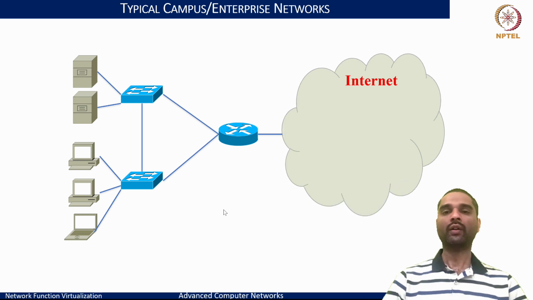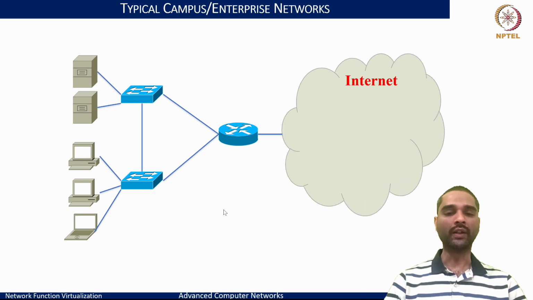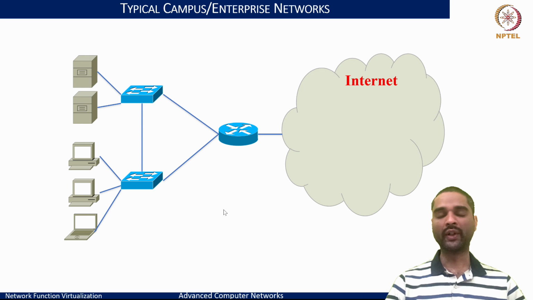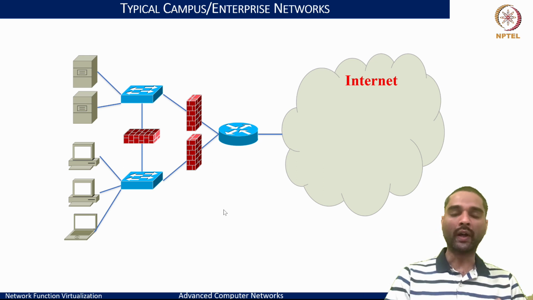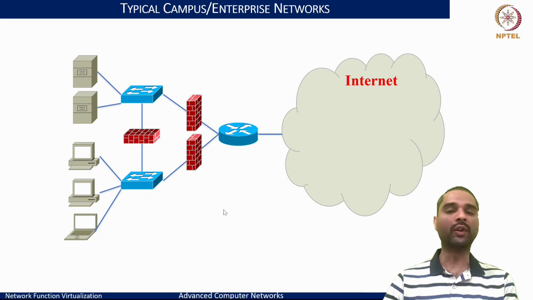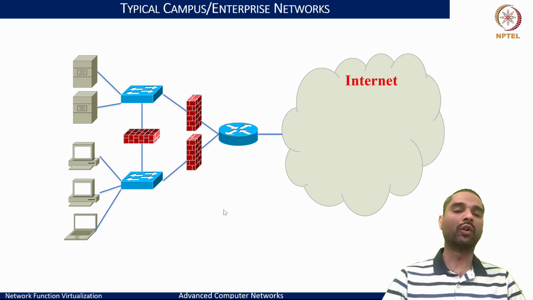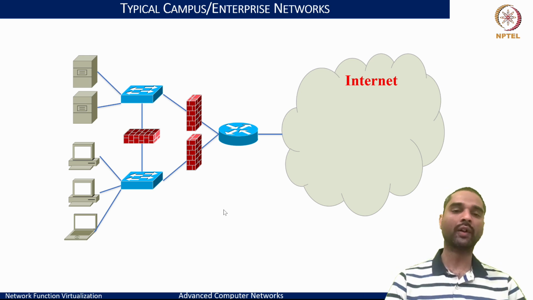But what we would see in reality is that the campus or enterprise networks, including the data center or any other networks, are interspersed with a lot of middle boxes. But on the ends, the people within the LAN are not aware where or how the firewall in this case has been deployed.